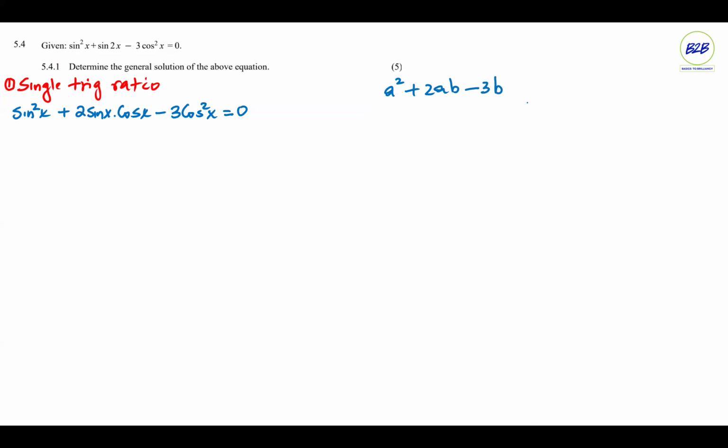So this would be factorized in this way. We open brackets: a squared, the factors for that are a and a. Then 3b squared, the factors for that are 3b and b. We have a negative here as the sign of the last term.